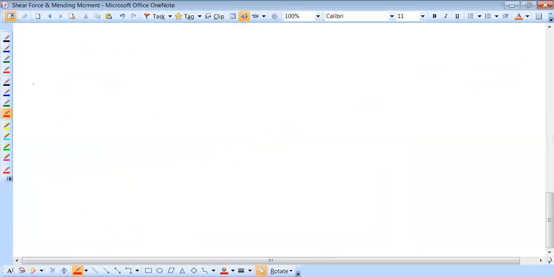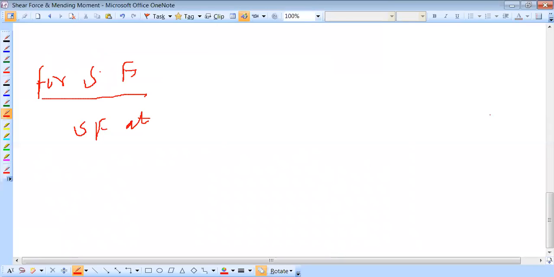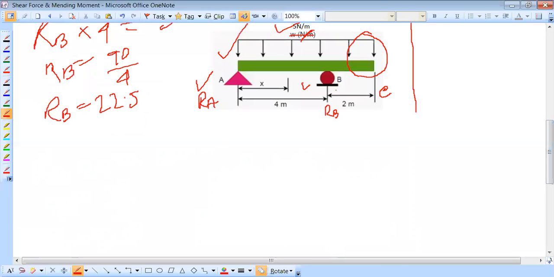For SF at different points, we can find out the SF at different points. First of all, let's find out the SF at points C, B, and then A.